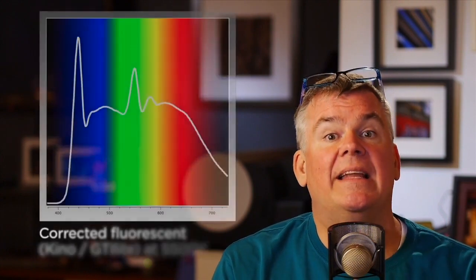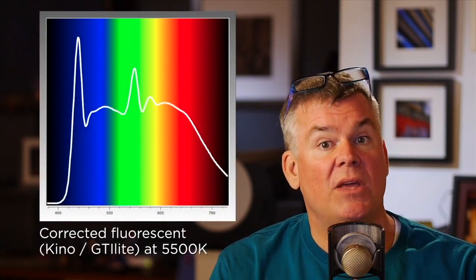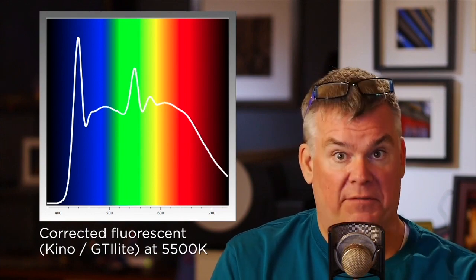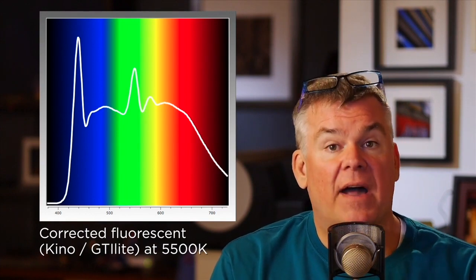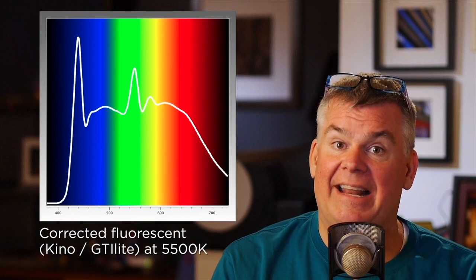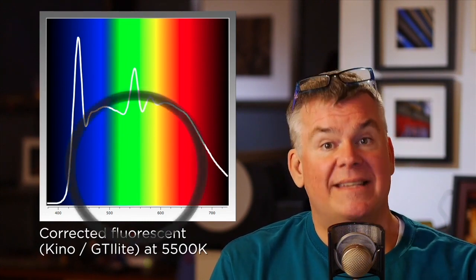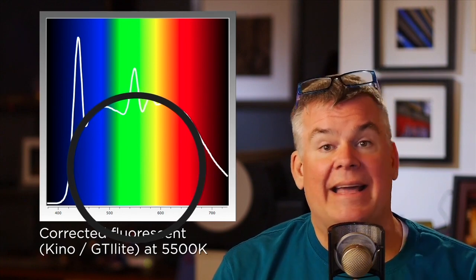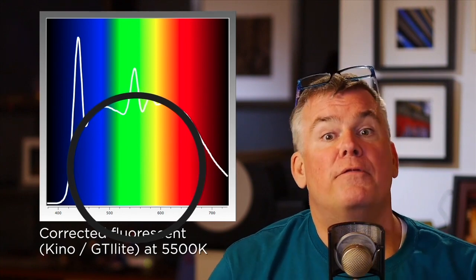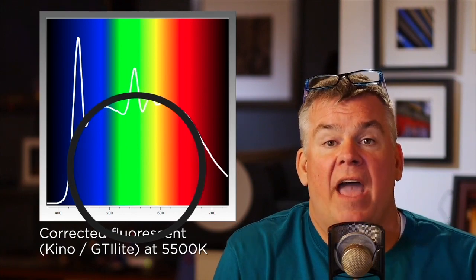Let's take a look at a critically color-corrected fluorescent tube, the ones that we use in pro labs to view prints. This is 5500K of fluorescent light, and notice we're starting to get a little thinner, right? All this data underneath the squiggly line is getting smaller. The volume, the amount of light that we have to deal with down here is getting less.